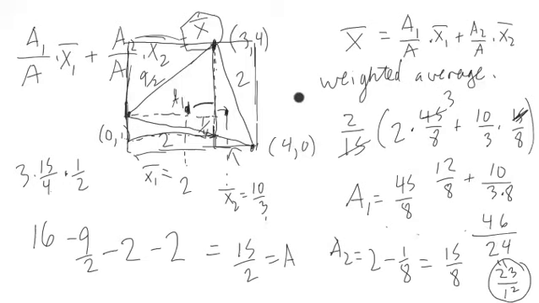Now maybe there could have been a simpler way of going about this, but we were just wanting to illustrate the idea of weighted average and how we can work with it: the area in this part and what percentage it is, and that part, and you can get the center of mass overall.